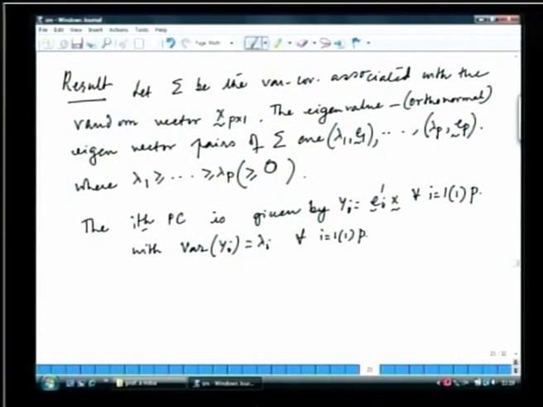Its variance will be higher than the variances of all other principal components. The first principal component will have variance λ1, which is greater than λ2 to λp, and so on. Another thing was whether these are uncorrelated; we will see that the covariance between yi and yj will be 0 for all i not equal to j.